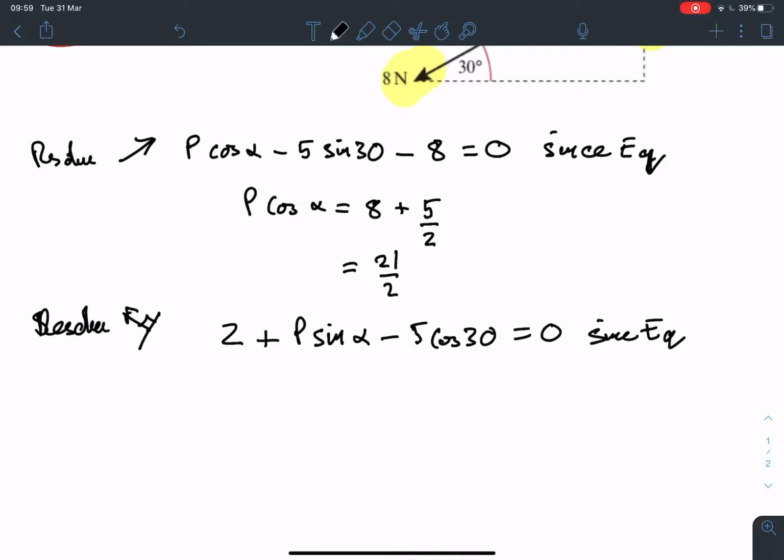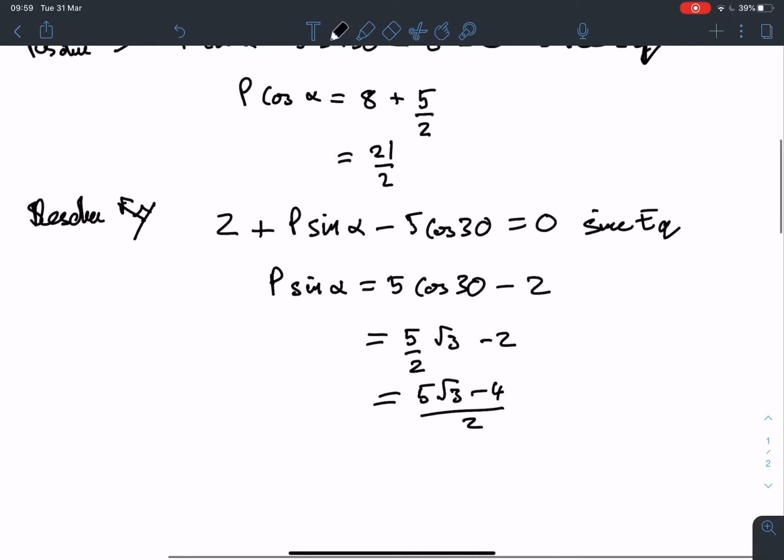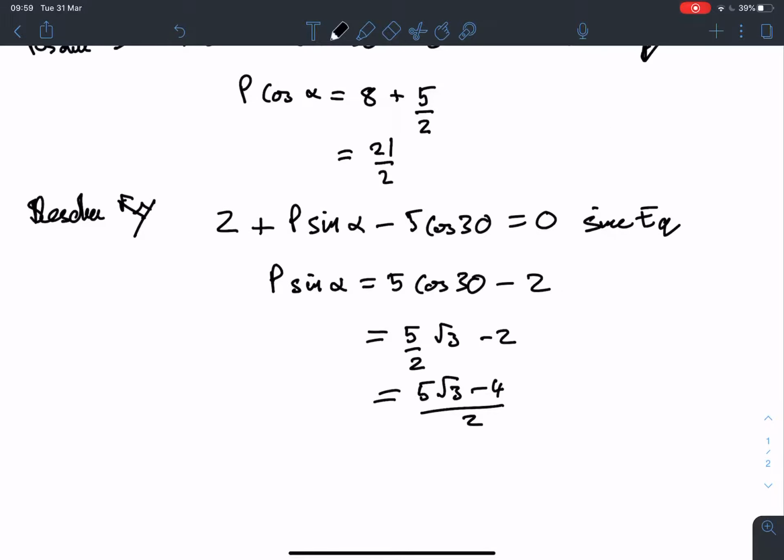Okay, so what do we now have? Tidy that up. P sin alpha equals 5 cos 30 minus 2. We know cos 30 is root 3 over 2, so 5 over 2 root 3 minus 2. Simplifying that with a common denominator, we've got 5 root 3 minus 4 all over 2. Okay, so we've now got, well, what have we got?